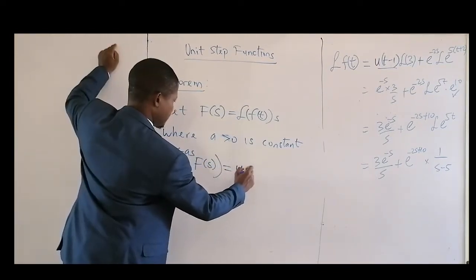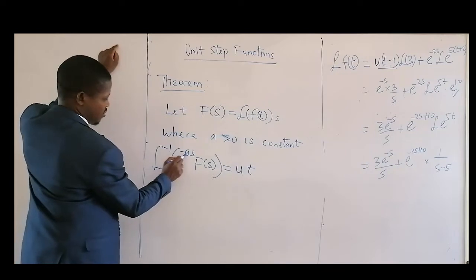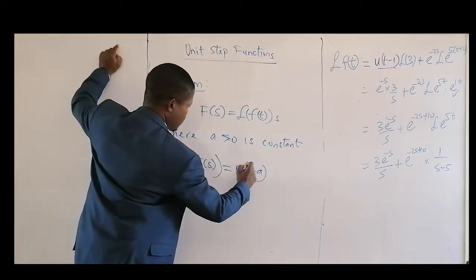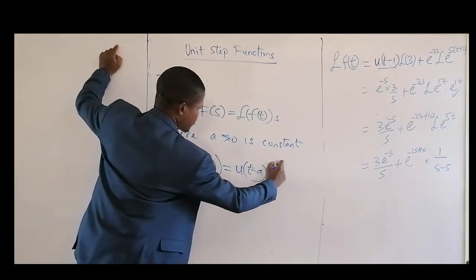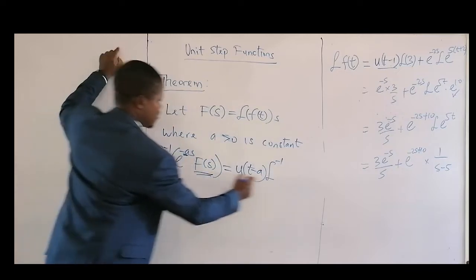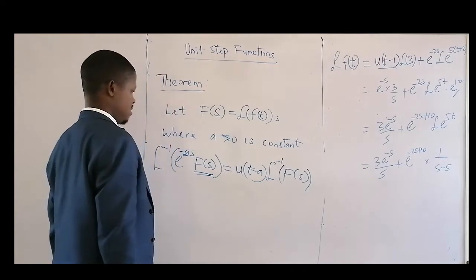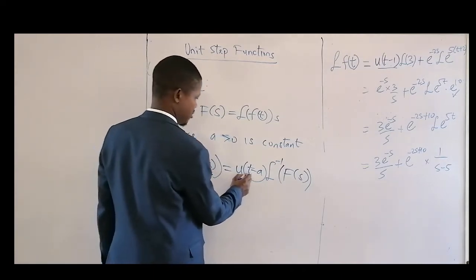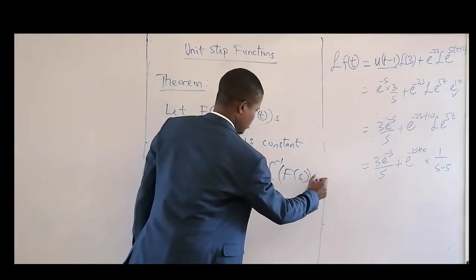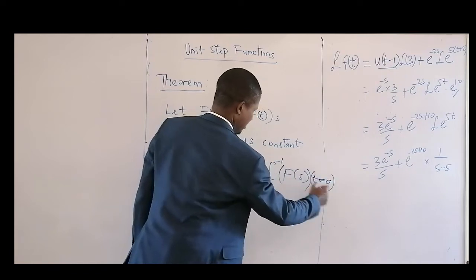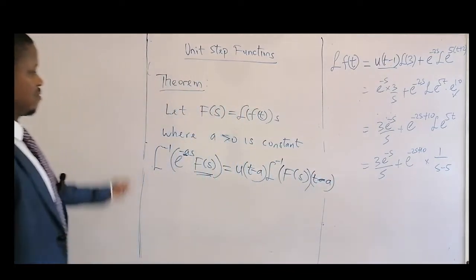The unit step function u of t minus a, then the inverse of f of s. Then whatever your step function, t minus a, we're going to explain that t minus a.